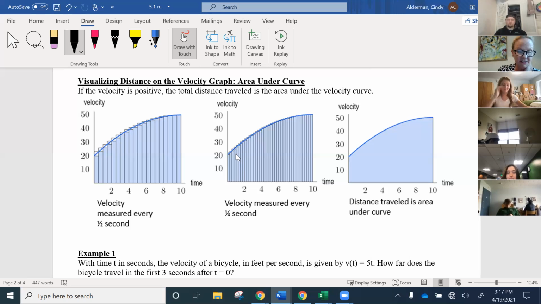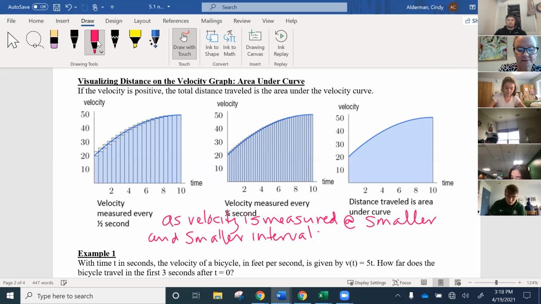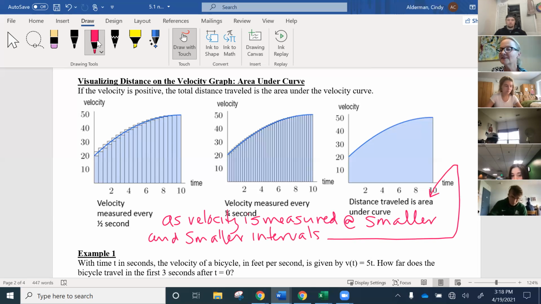Okay, so you can kind of see here, and I should probably write this down. As the velocity is measured at smaller and smaller intervals, then what happens is you get the distance of travel is going to be exactly equal to the area under the full curve.